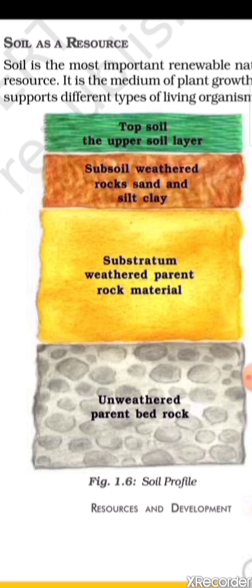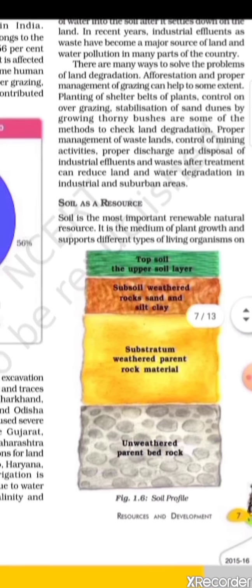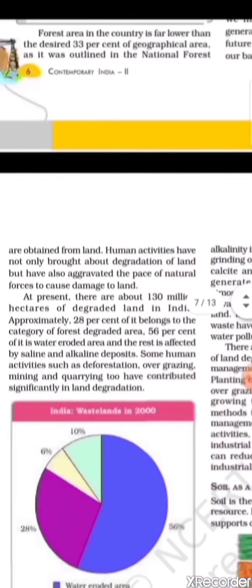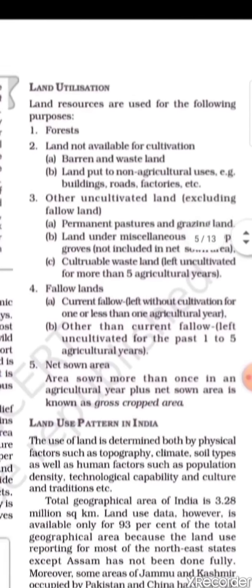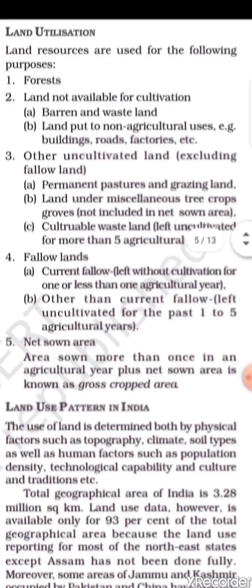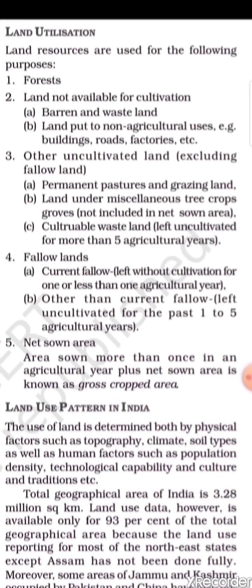But before moving forward, let's have a quick recap of what we have learned in the previous class. In the previous class you learned about the different uses of land resource. Land can be used for forest, barren and waste land. Some land is put to non-agricultural uses, for example constructing buildings, roads, and factories.